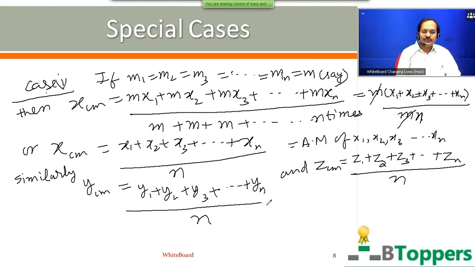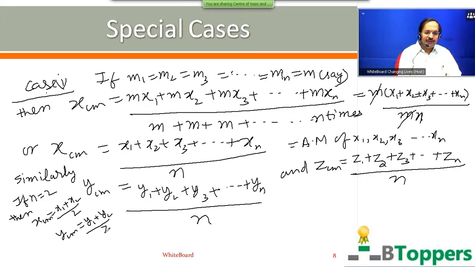For example, if we have a system of two particles of same mass, n equal to 2, then the x coordinate of center of mass we can write as x1 plus x2 by 2. The y coordinate of center of mass will be y1 plus y2 by 2.